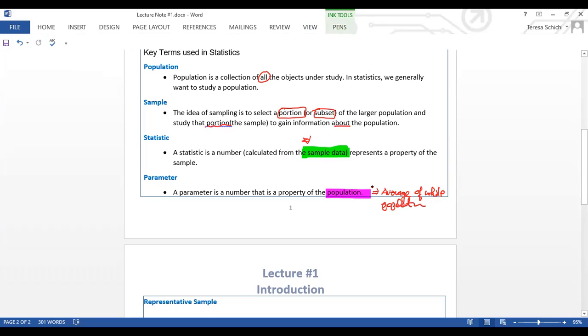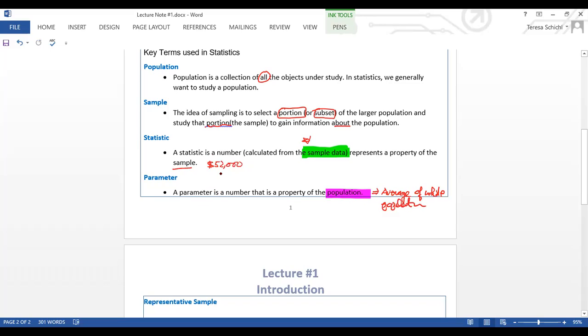Typically, we don't get it. That's why we use a sample. If I take 100 families and find the average income for these 100, I get a number, for example 52,000. This is what we call the sample statistic.